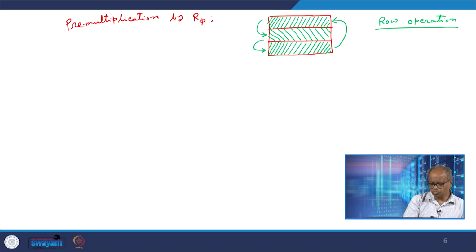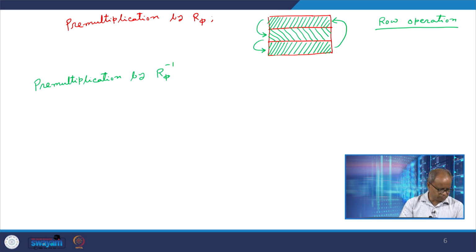Now, let us see what happens by pre multiplication by R phi inverse.